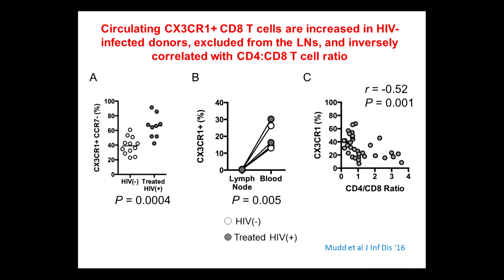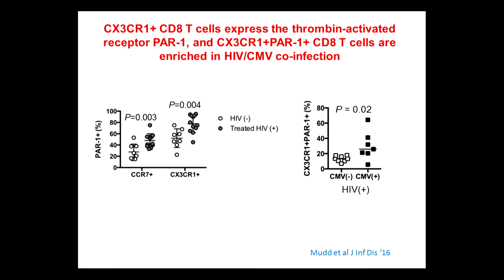I show on this slide that the cells that are fractalkine receptor positive, CX3CR1 positive, express PAR-1, the thrombin-activated receptor, more frequently than do the CCR7 positive cells. These are the fractalkine receptor positive. And in the HIV positive population, whether the cells are CCR7 positive or CX3CR1 positive, they're more likely to be reactive or activated or express a receptor that can be activated by thrombin.